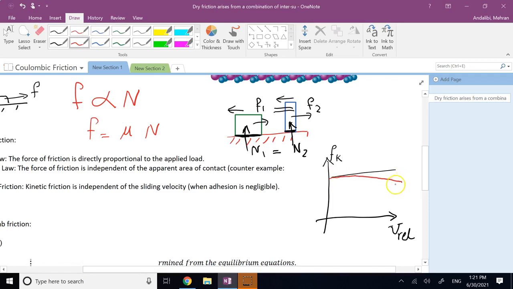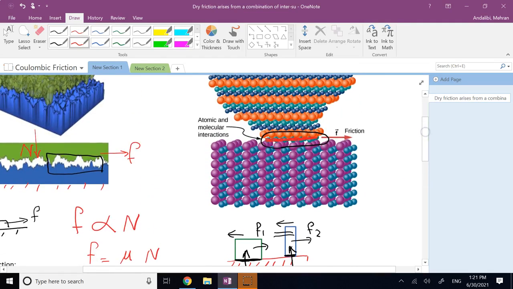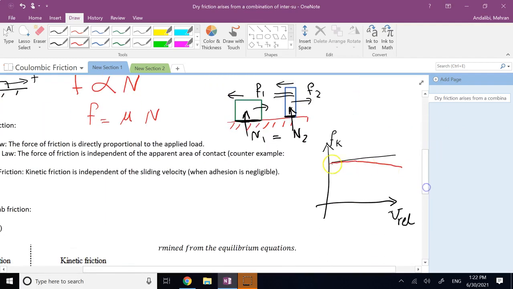The reason is, as I told you, when you move the objects faster, you don't give them much time to form these molecular bonds, so the contribution of those molecular bonds to the dry friction is not going to be as significant. As long as we only care about irregularities and there is not much adhesion, yes, it could be quite constant, but when adhesion plays a role, which many times it does, it causes some drop as the relative sliding velocity increases.